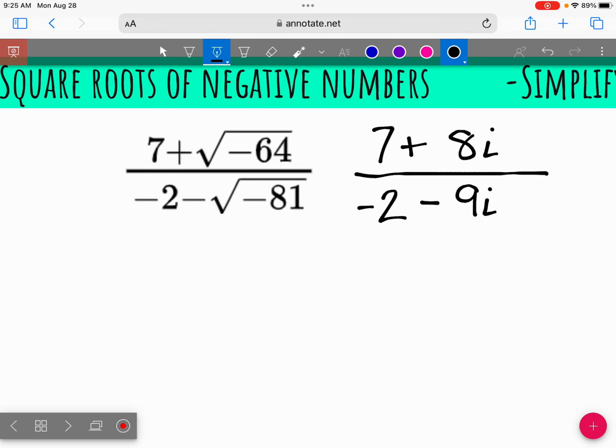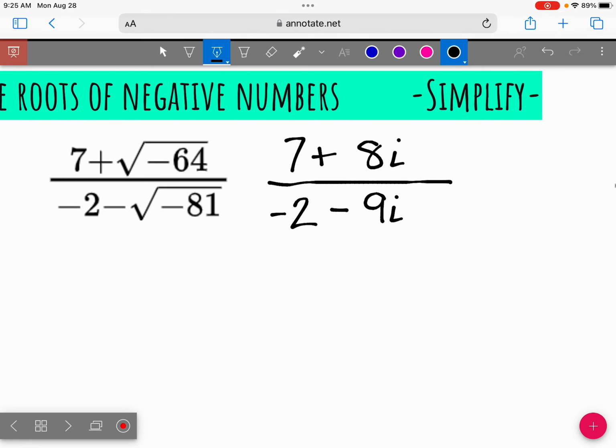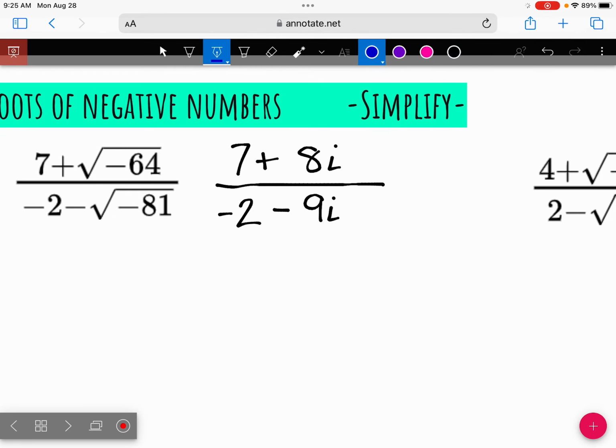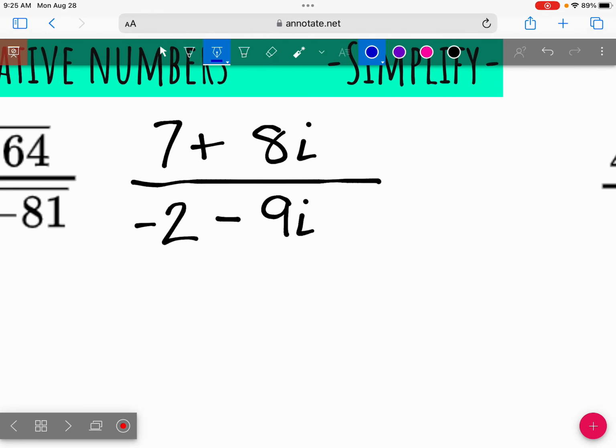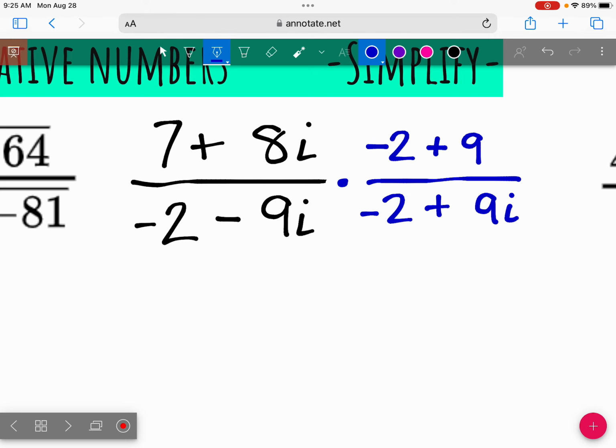To get rid of the i in the denominator, we're going to multiply by its conjugate. Times negative 2, and this time it's going to have a plus, 9i. Negative 2 plus 9i.